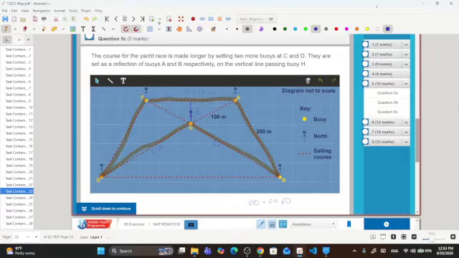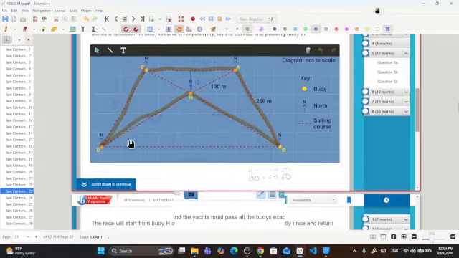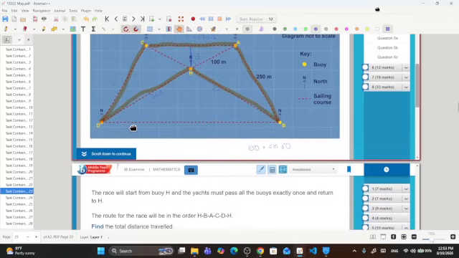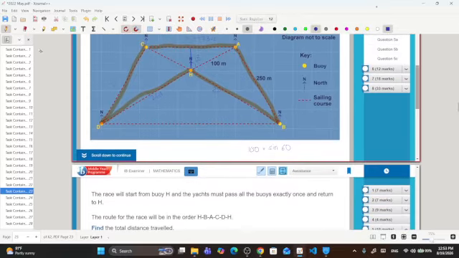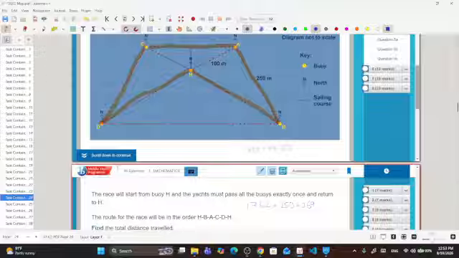So in order to find the total distance, we add all of these values together. 173.2 plus 250 plus 269 plus 269 plus 250.